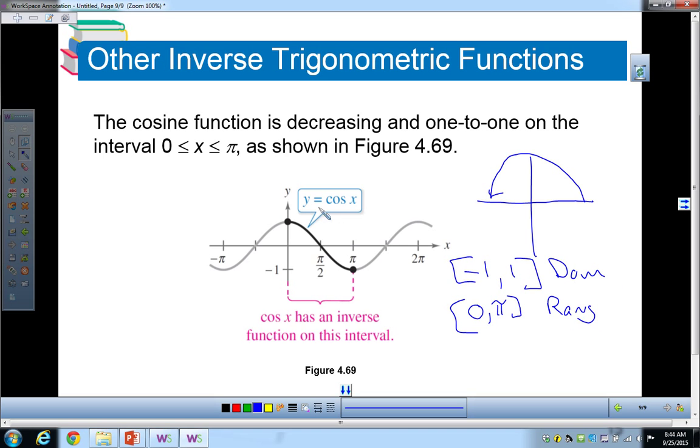So when I plug in something into inverse cosine, what would be the inverse cosine of negative square root of 3 over 2? Can anyone tell me? What is the inverse cosine of negative root of 3 over 2? Where is cosine equal to negative square root of 3 over 2 on your unit circle?